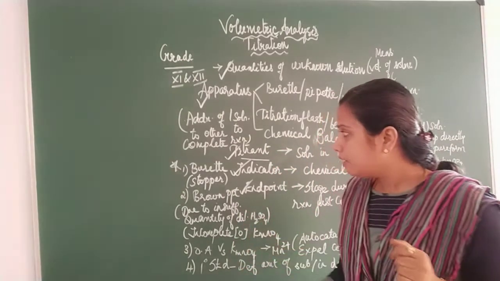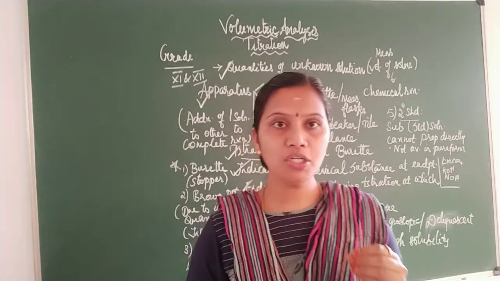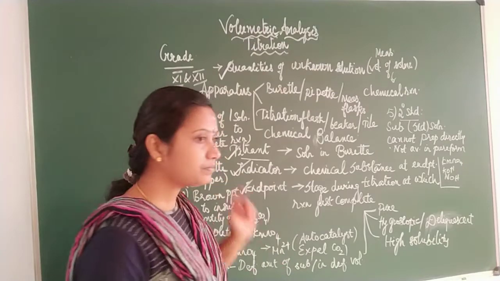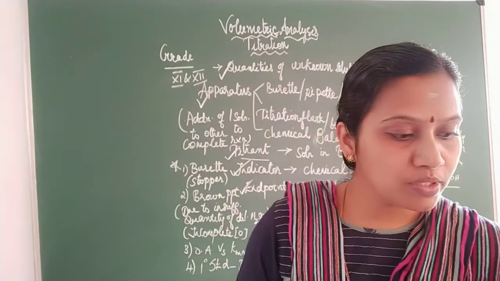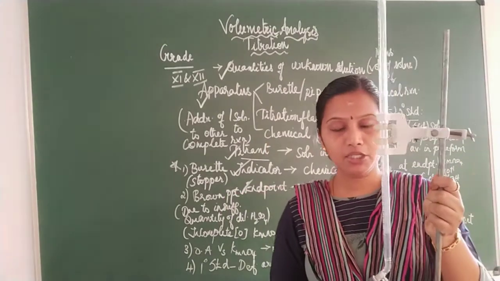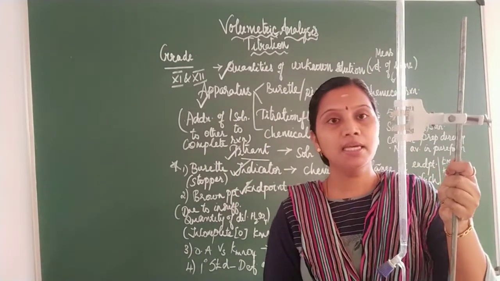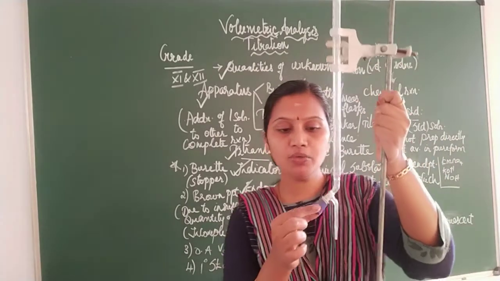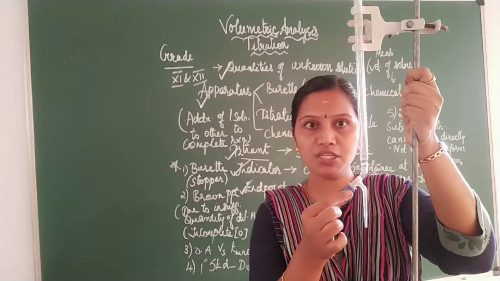Now let us see some important precautions before doing volumetric analysis. The first precaution: I told you I should be using a burette, right? For potassium permanganate to be filled as a titrant, a burette with a rubber stopper should not be used. I am not using a rubber stopper; here you have a plastic stopper.